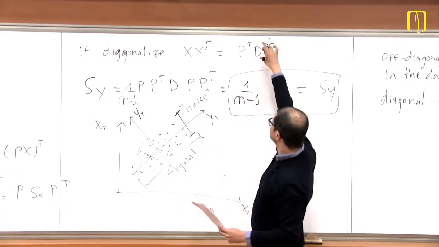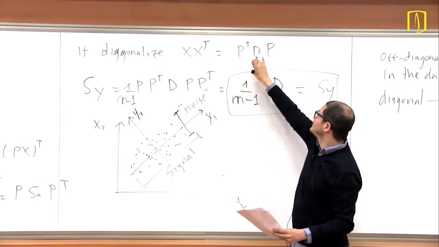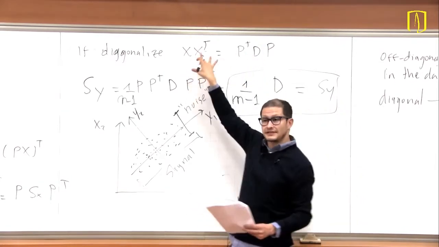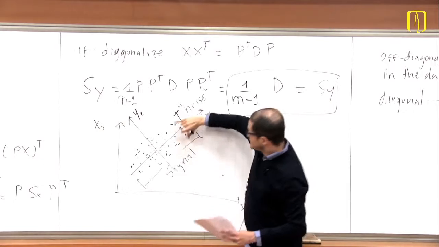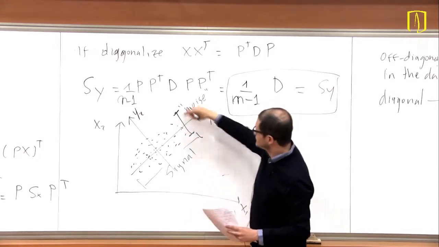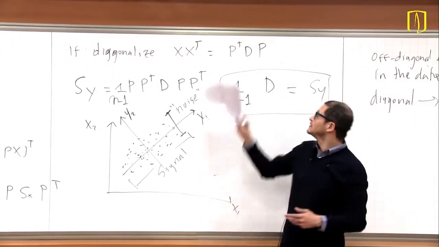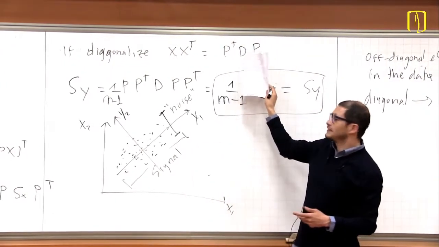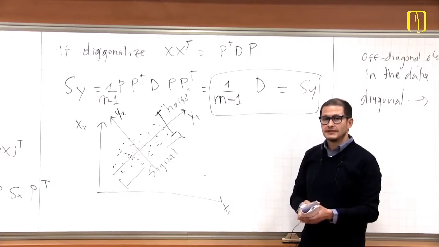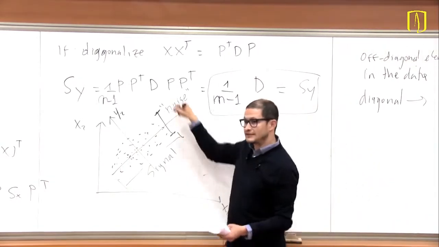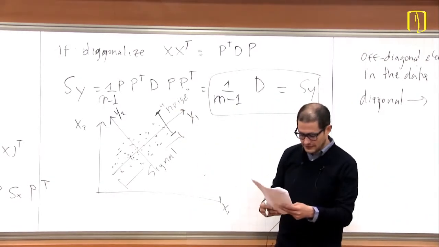So it corresponds to the largest eigenvalue of this matrix. Whereas the second one, the noise, is the second eigenvalue, the second entry in this matrix. That's the second variance, the noisy variance, what we call the noise.